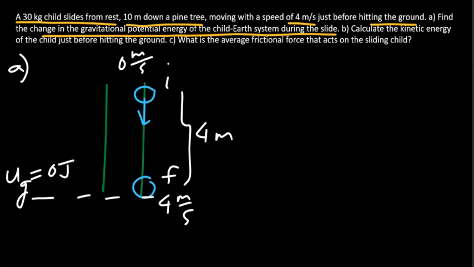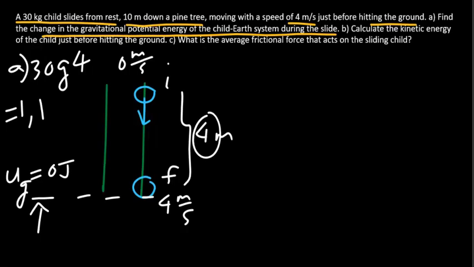So the change in gravitational potential energy of the child-Earth system is quite simply the mass of the child, 30, times gravitational acceleration, g, times the height, 4, measured from the level where the gravitational potential energy is 0. And that's going to give you 1,177 joules.